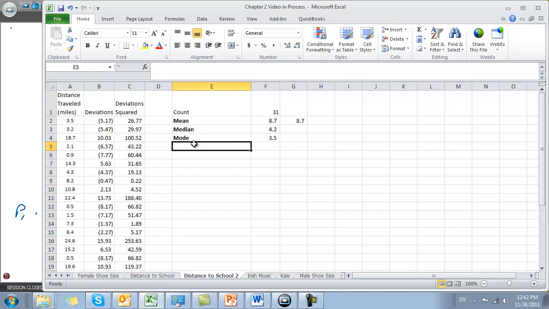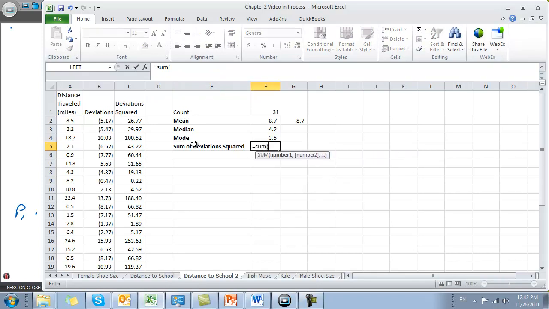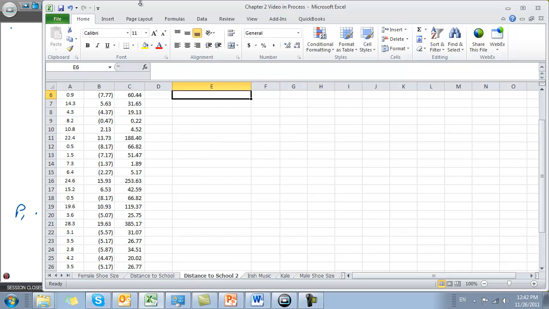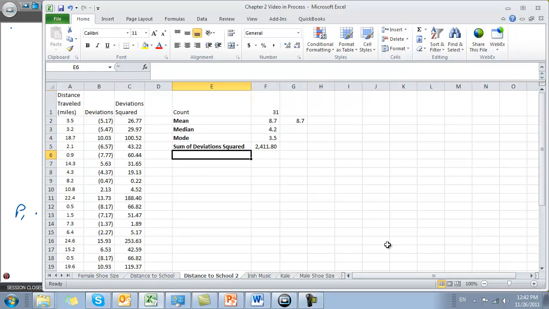We have that. Sum of deviations squared equals the sum of my deviations squared. Always label what you're calculating so somebody else can see what you're doing.